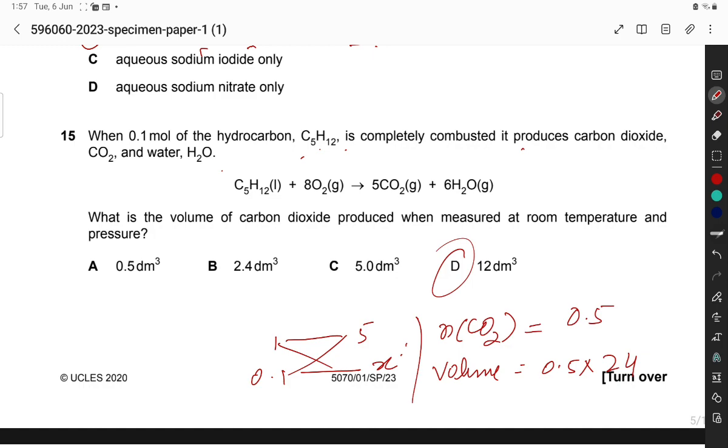We have 0.1 mole of hydrocarbon, and the mole ratio between hydrocarbon and carbon dioxide is 1:5. So 0.1 to x, cross multiply, it is 0.5. So volume of carbon dioxide is 0.5 into 24, which is equal to 12 dm cube.